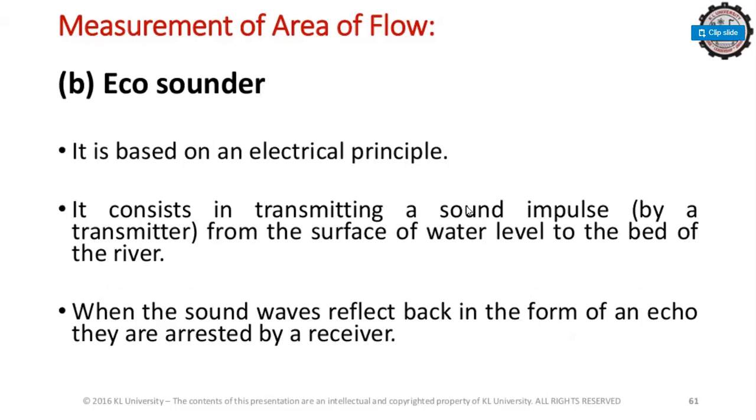Measurement of area of flow, echo sounder. It is based on an electrical principle. It consists in transmitting a sound impulse by a transmitter from the surface of water level to the bed of the river. When the sound waves reflect back in the form of an echo, they are arrested by a receiver.